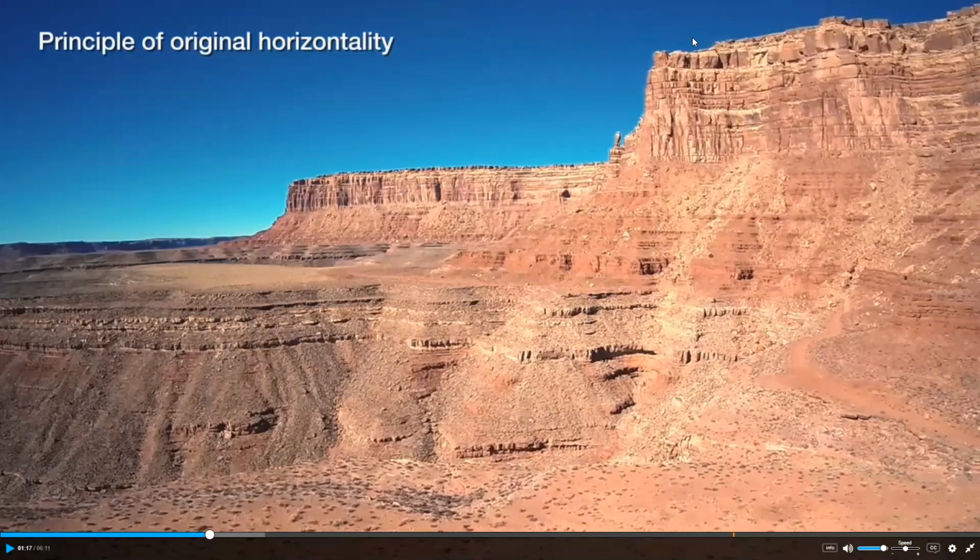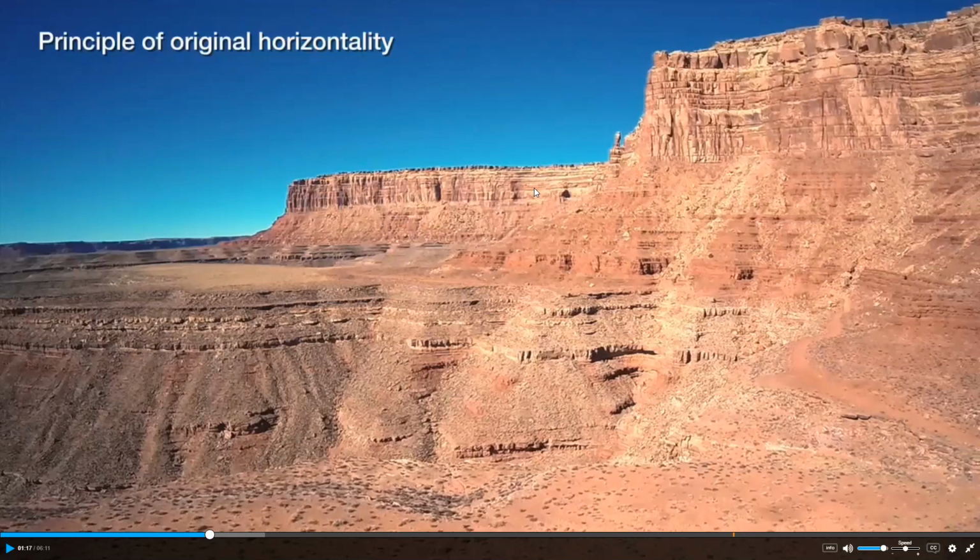The other thing that we can see here is these horizontal layers, because as we looked at with the rock cycle and with rock formation, we know that deposition is going to allow these to be laid down in horizontal layers. And so when we look at this cliff face, we can see all of these pretty much horizontal layers.